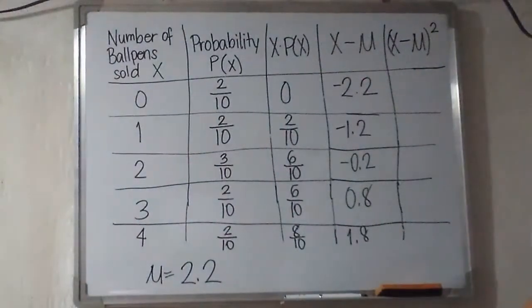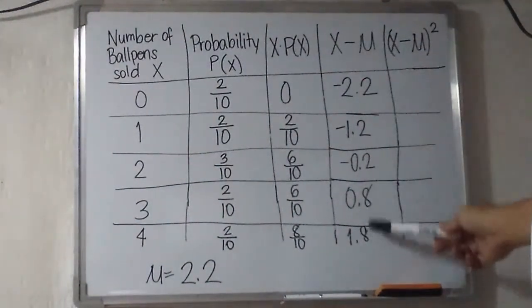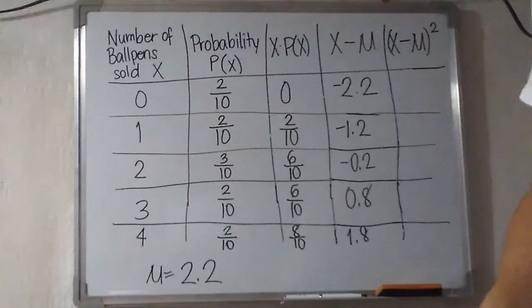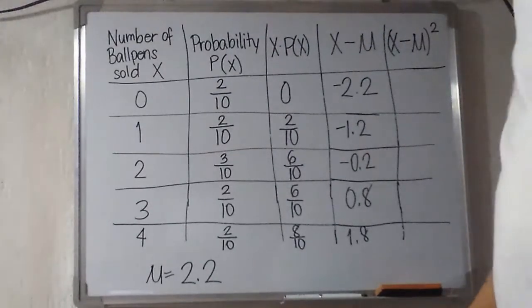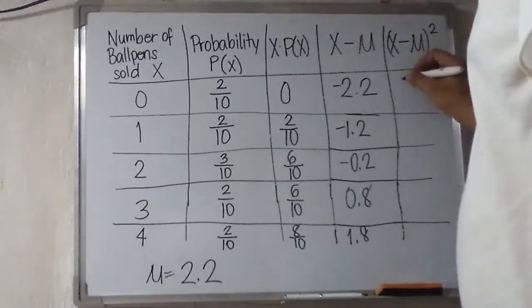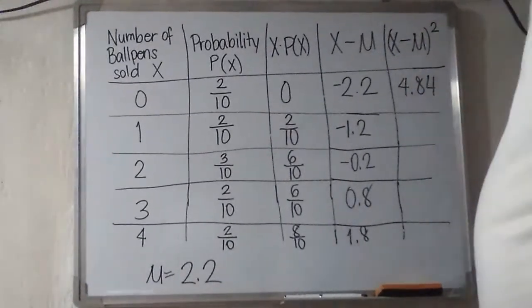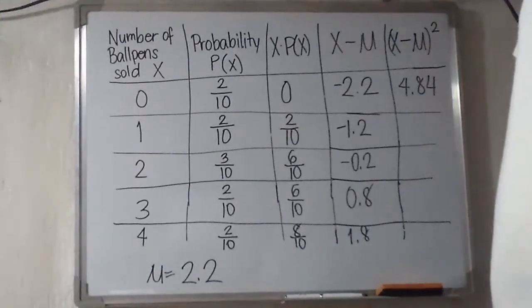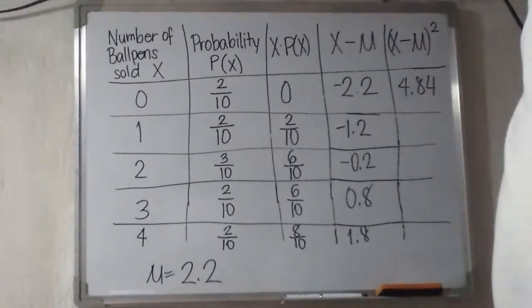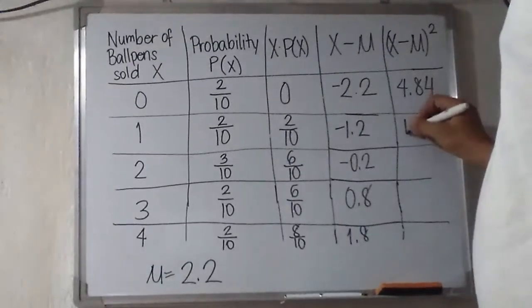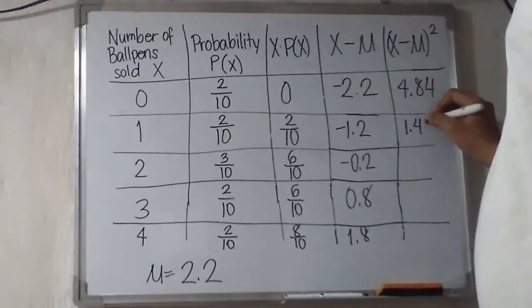Okay, next, we shall now square this part right here. Negative 2.2 squared, that would be 4.84. Negative 1.2 squared, that is 1.44.